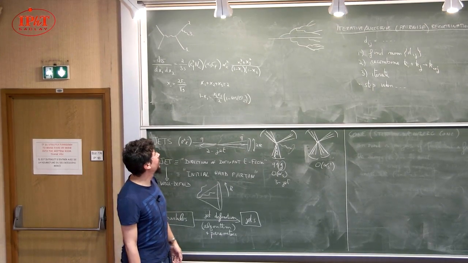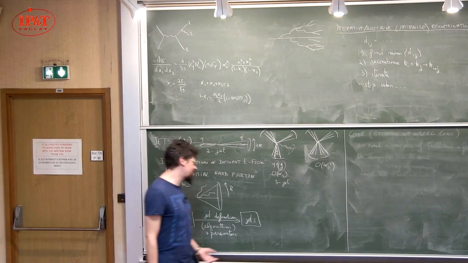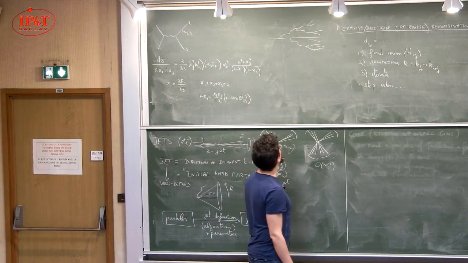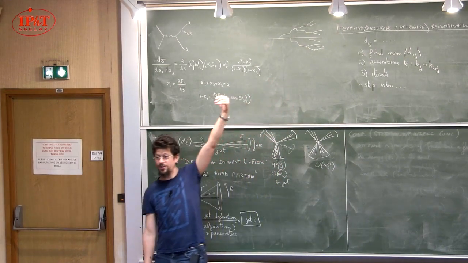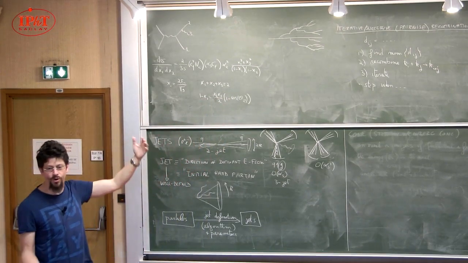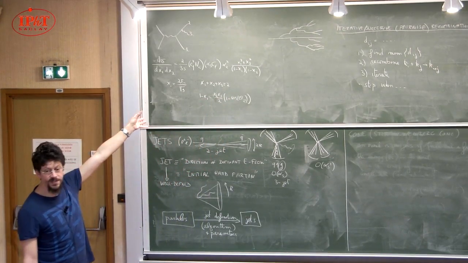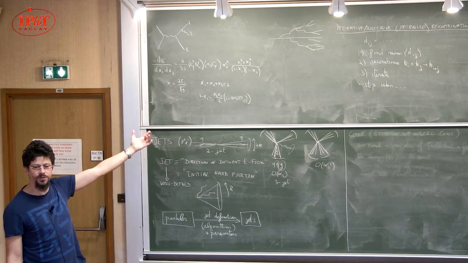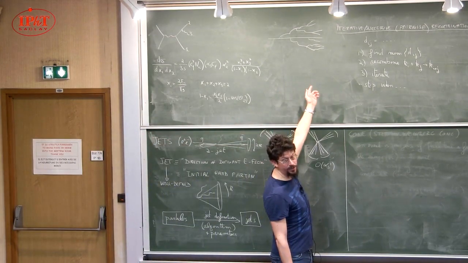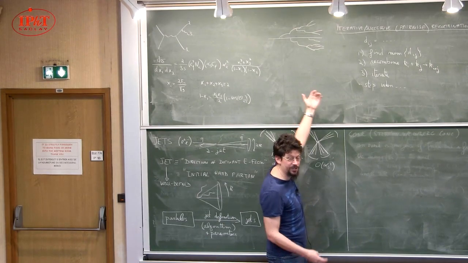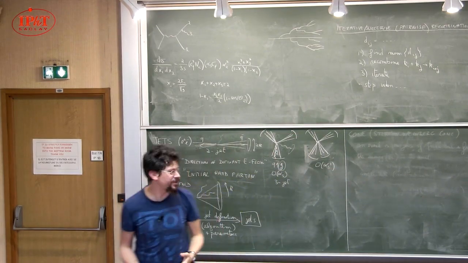Typically, and we saw that already in the first hour, if you have a branching like this, when the branching becomes soft and or collinear, what happens physically, technically speaking, when you're trying to write the amplitudes, is that there's a propagator which is becoming close to on-shell, and that's what creates a high probability for this branching to happen.